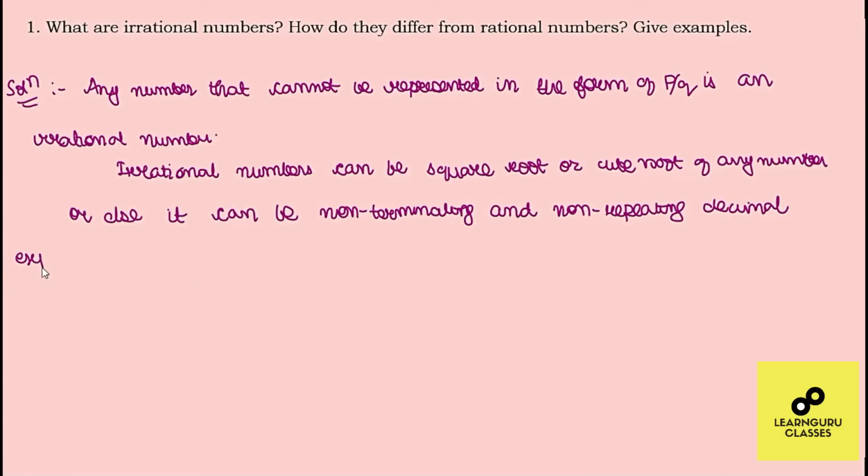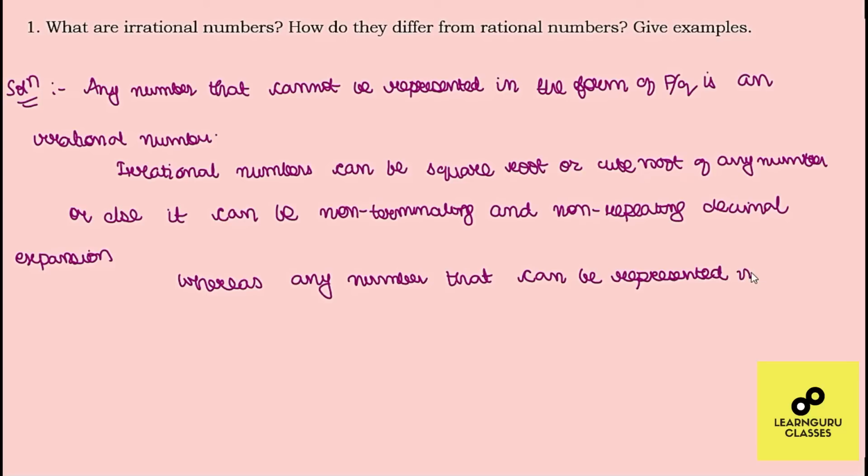How do they differ from rational numbers? Whereas any number that can be represented in the form of p by q, where q is not equal to 0, is a rational number.